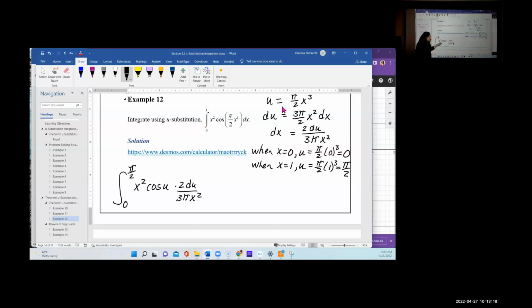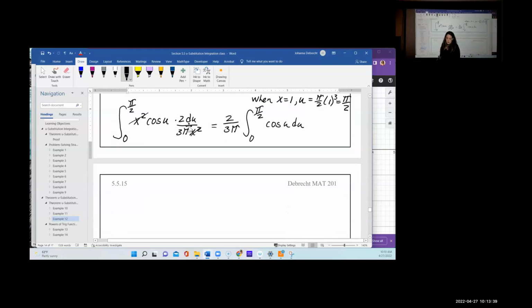Now I need to cancel the x squareds and pull the constant out of the integral to the front. 2 over 3 pi is a constant. And then the integral goes from 0 to pi over 2 of cosine of u du. Now cosine of u is the result of having taken the derivative of something.